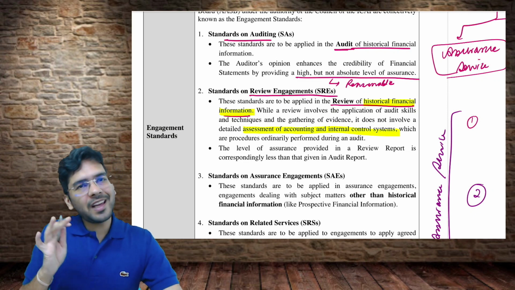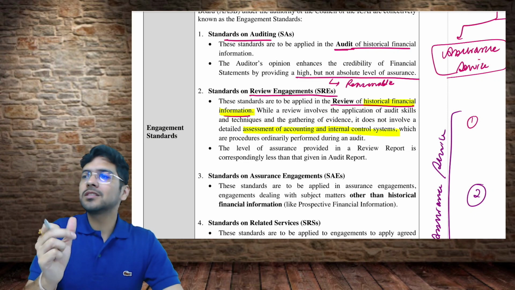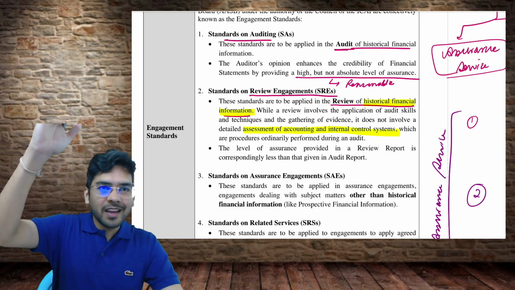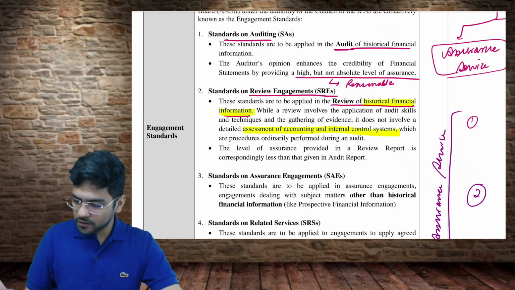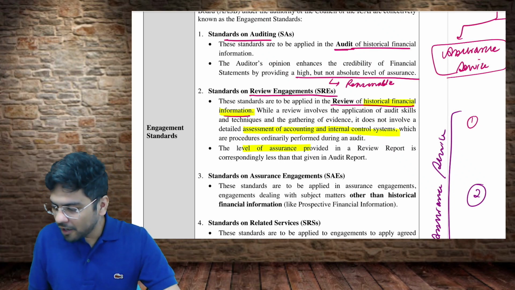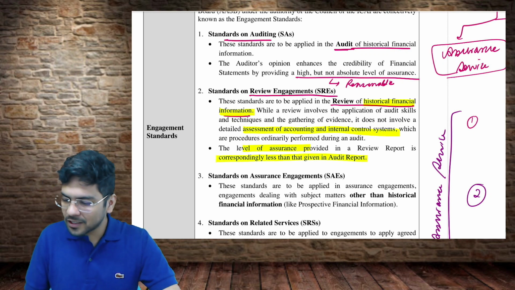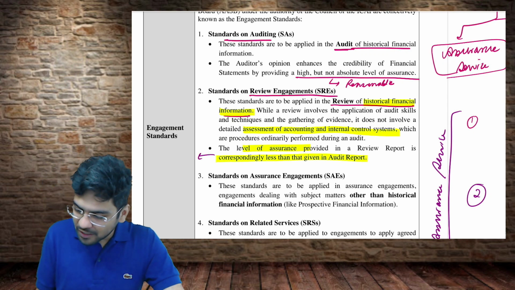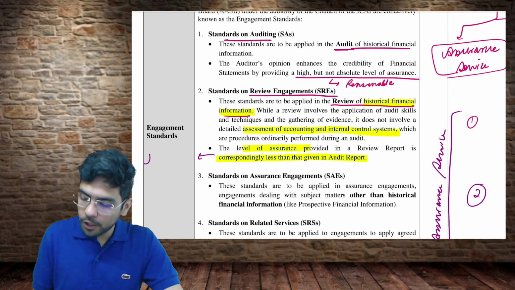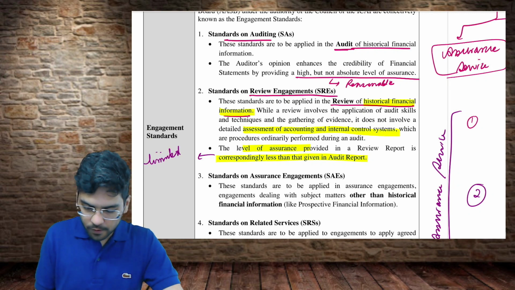Can I say the level of assurance that you give in review is correspondingly less as compared to audit? Yes, the level of assurance provided in a review report is correspondingly less than given in an audit report. What is the level of assurance that you give? If you want, you can write here: limited.